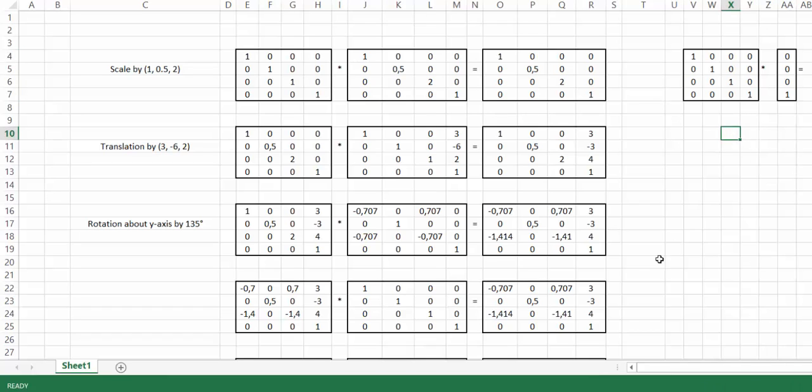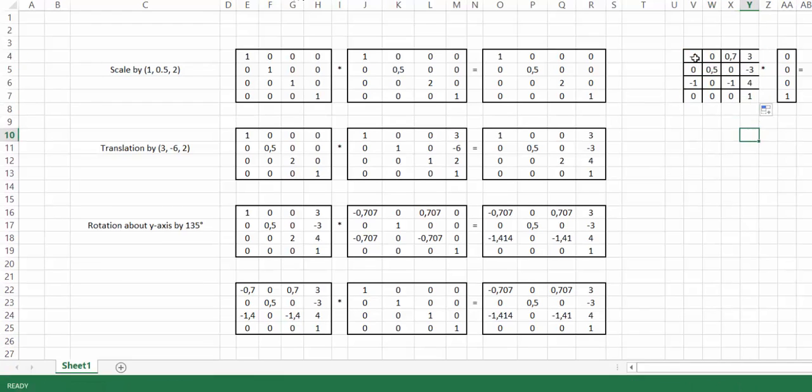So now we can actually say, if we take the numbers from here, just do it this way, like so. So take the formatting.